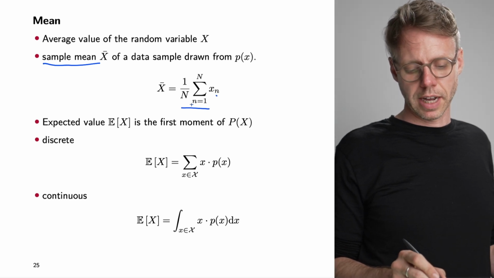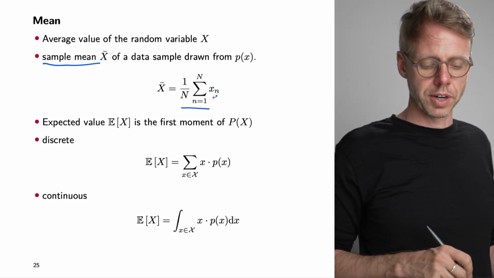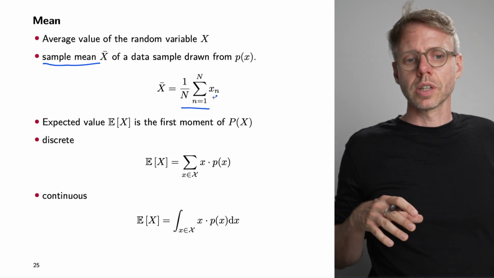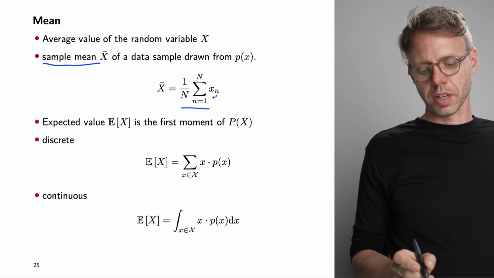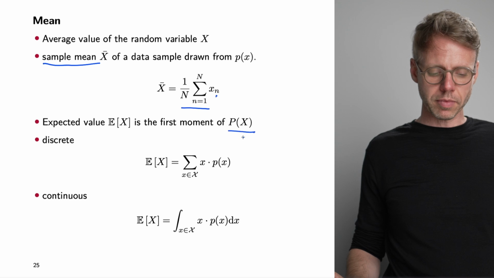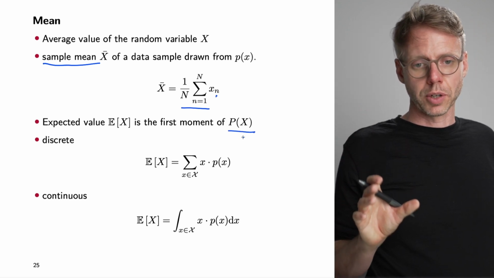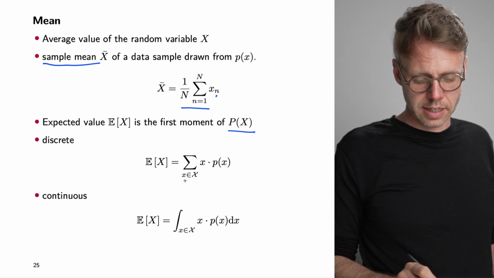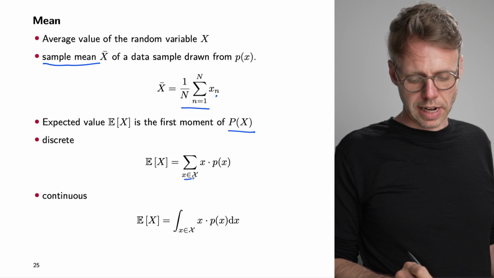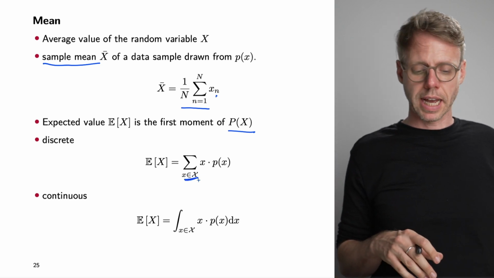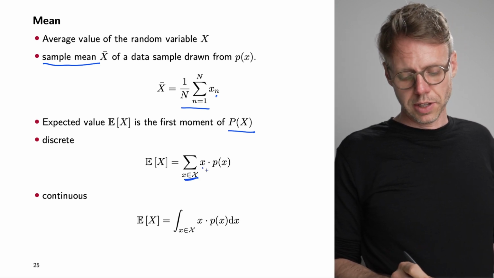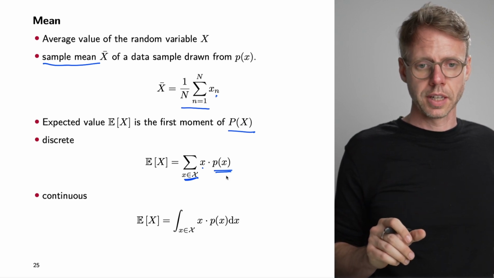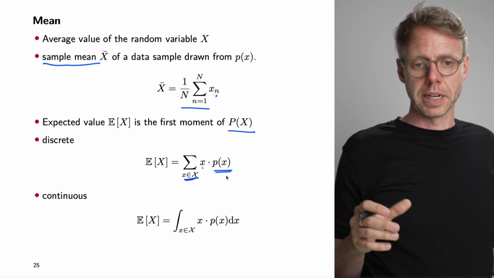So it's 1 divided by n times the sum over these little x's. The expected value is the so-called first moment of the distribution P of x. And for discrete distributions, it's defined as the sum over all the possible values that this discrete random variable x can take, the value weighted by the probability of observing this value under its probability mass function.